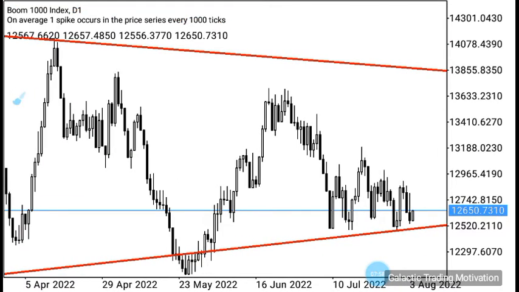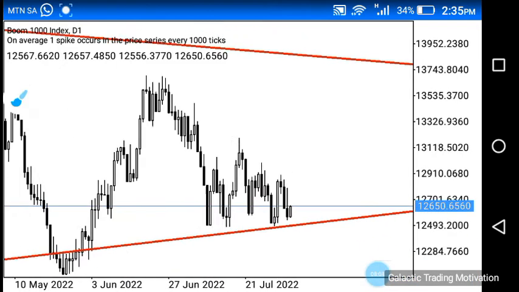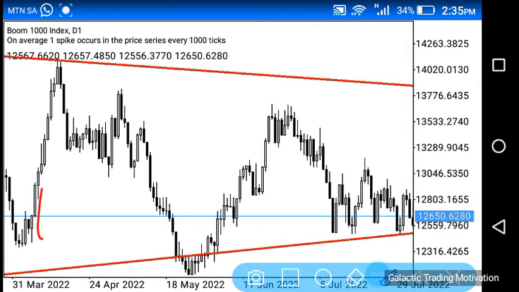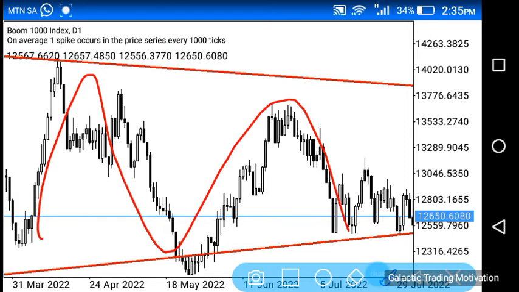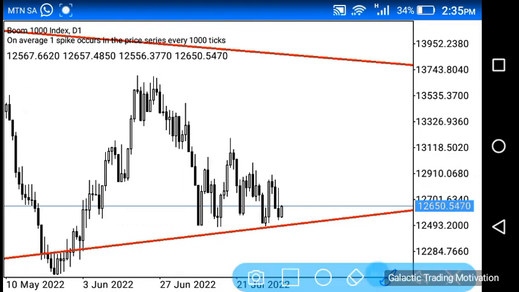As much as on the weekly chart I spoke about how we have a very nice M structure in this region, right? As much as we have that M structure, just bear in mind that we also have in this region a very nice W structure over here, right?